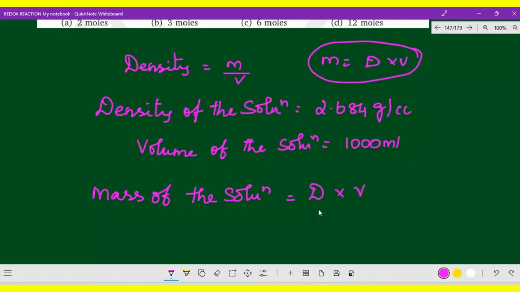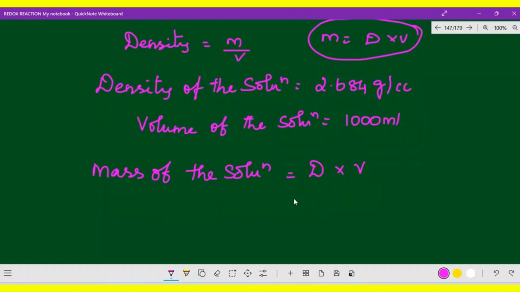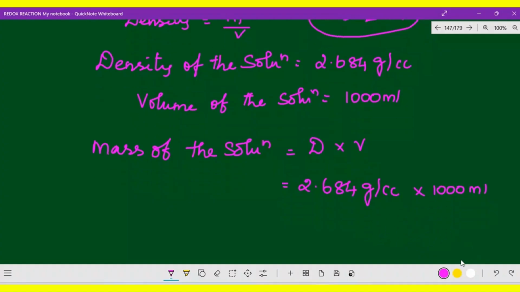The density is 2.684 gram per cc into volume 1000 ml. Ml and centimeter cube are both actually the same, it is not a confusion. I think now you got that idea. So here 2684 gram is the mass of the solution, you got it.